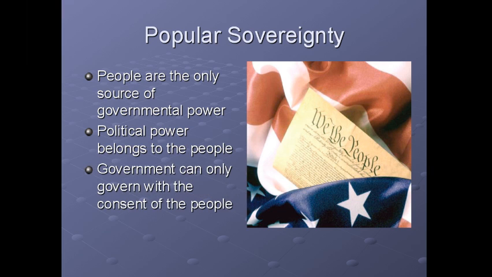The third important point about popular sovereignty is that because the people provide the power for the government, the government can only govern with the consent of the people. That's an important principle because it creates a limitation on how much power the government can have and exercise over the nation.